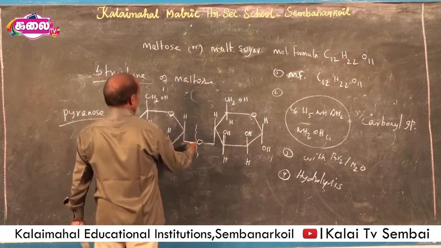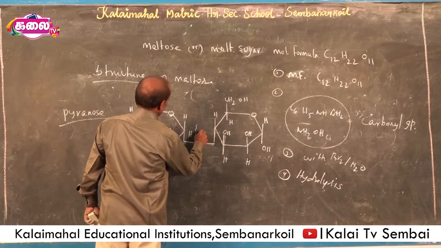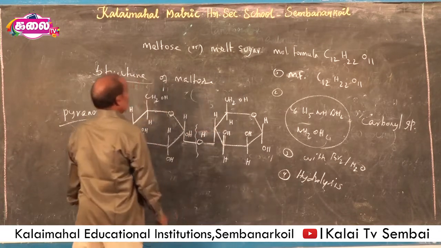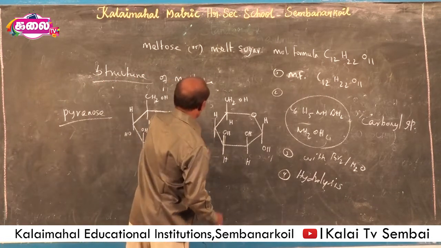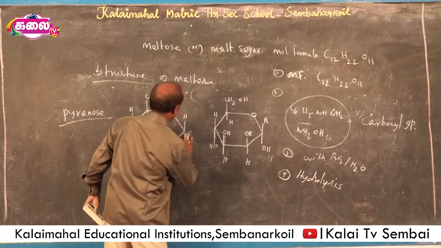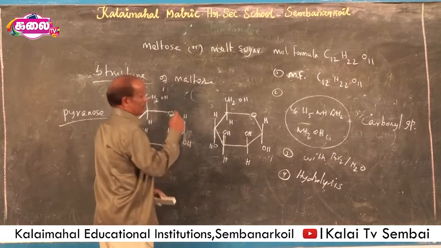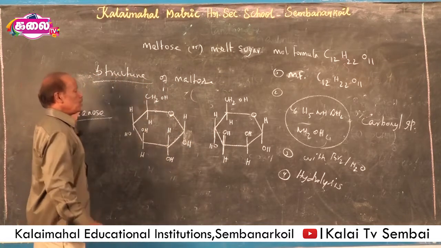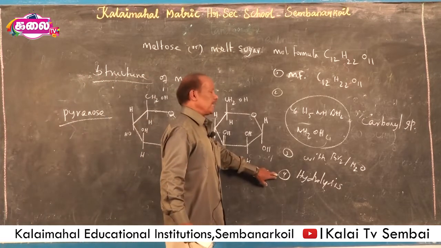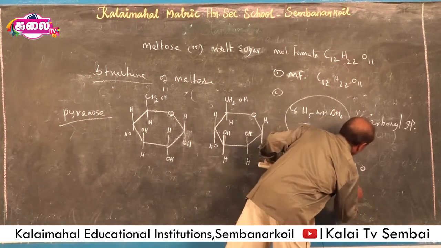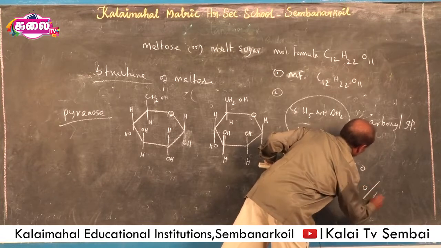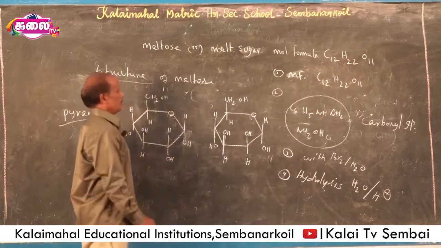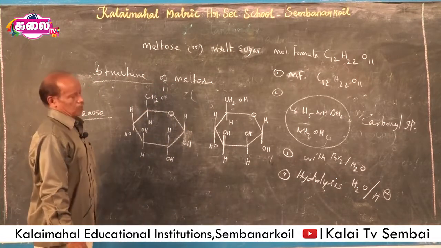This linkage is broken, and we get OH here, OH. This is called D-glucose, D(+) glucose. If maltose is hydrolyzed using dilute acid, we get two molecules of D(+) glucose.